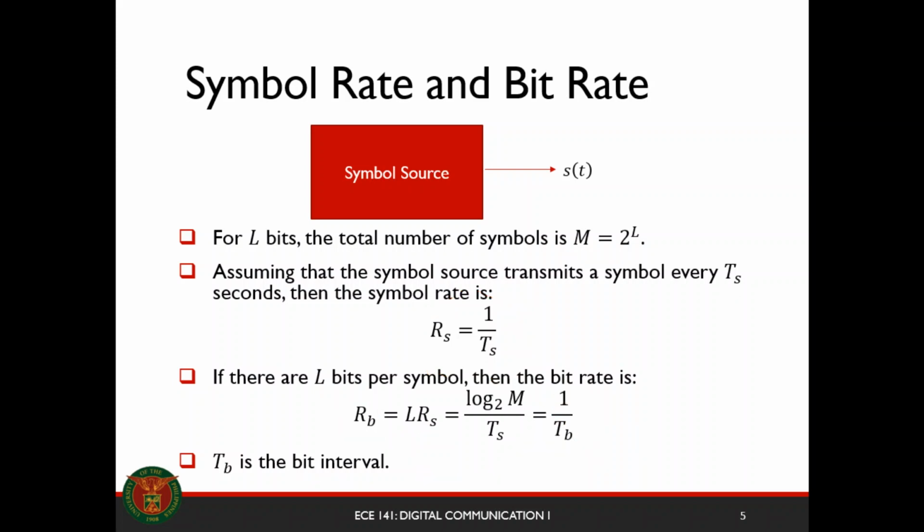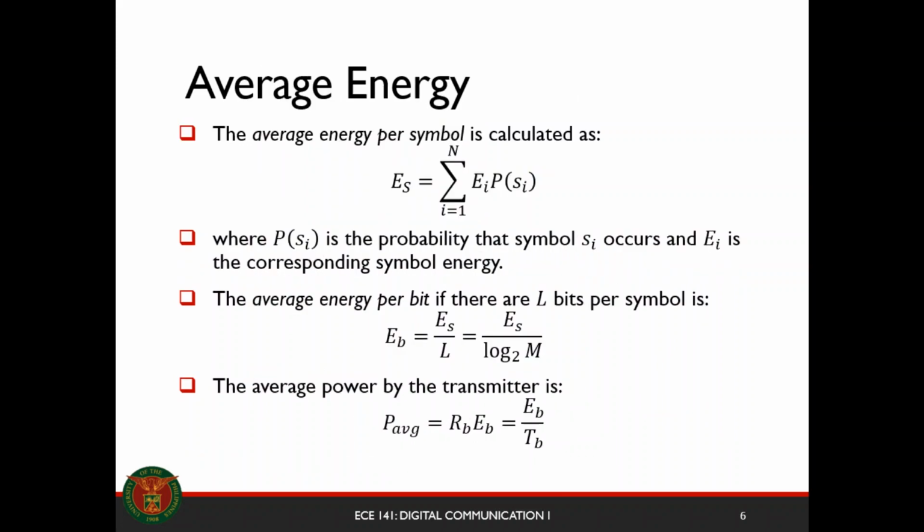The average energy per symbol is calculated with this formula: the probability that the symbol occurs multiplied by the energy of that symbol, and you sum all of that to get the average energy per symbol. Basically, you just average the energies of different symbols.